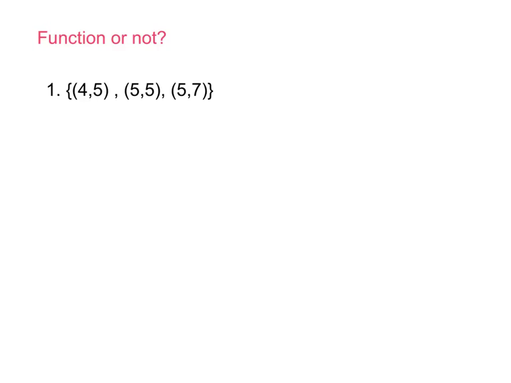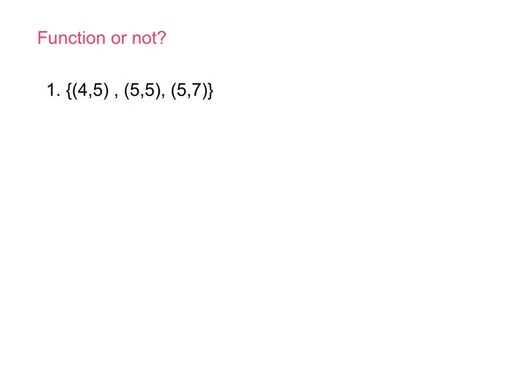Well, on the graphs we used the vertical line test, and what we were checking was to make sure that no first coordinate had more than one second coordinate. So here the idea is if we want to look at this, we need to look at the x values.